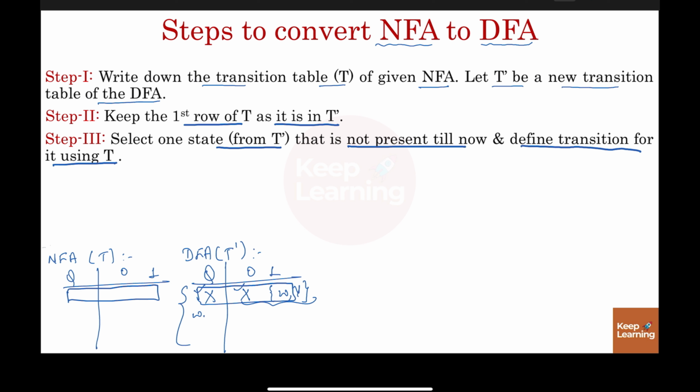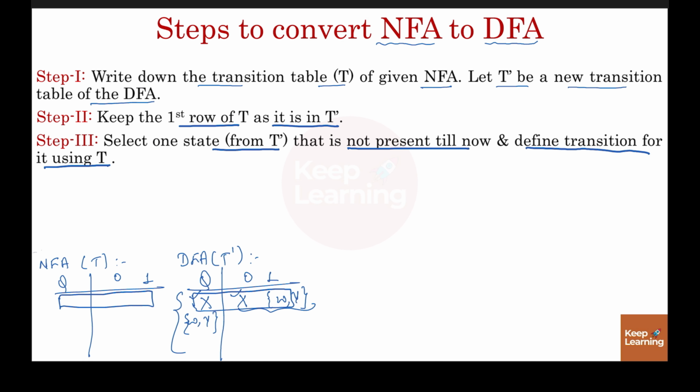So W is not defined, and see, this is an NFA. So in NFA, for the same input alphabet from the same state you can reach to multiple states. So we are reaching at W and Y both. So now we will treat this WY as a single state, and let's suppose from WY we are reaching at W and then Y. So now W, WY and Y, these are three different states.